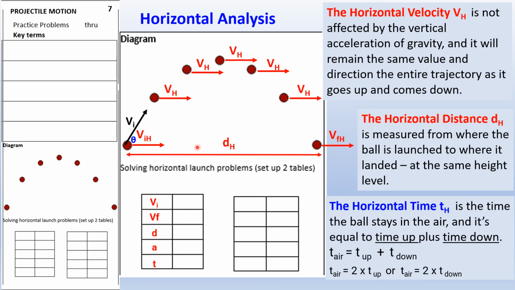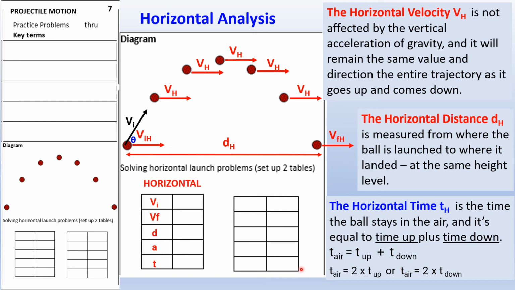The horizontal time is the time the ball stays in the air, and it's equal to the time up plus the time down. So the time in the air is the sum of both times, which are the same. So we can also calculate the time in the air as 2 times the time up or 2 times the time down.